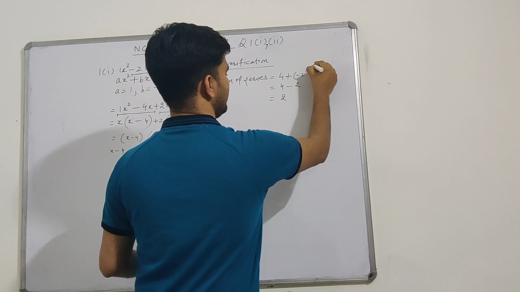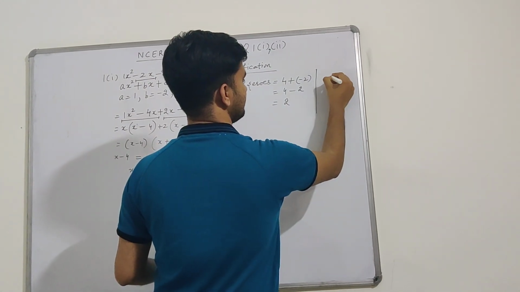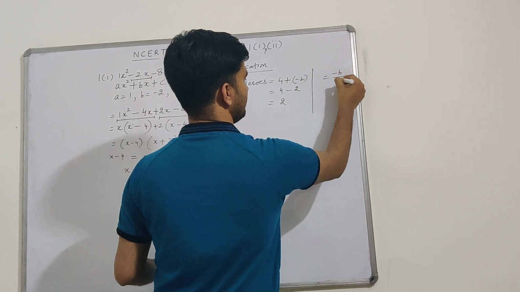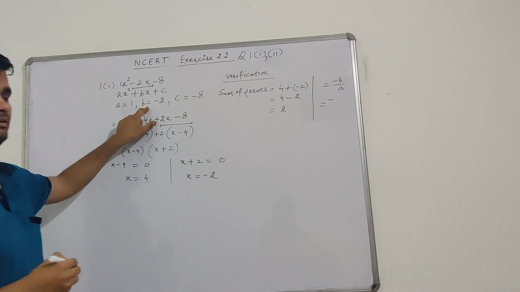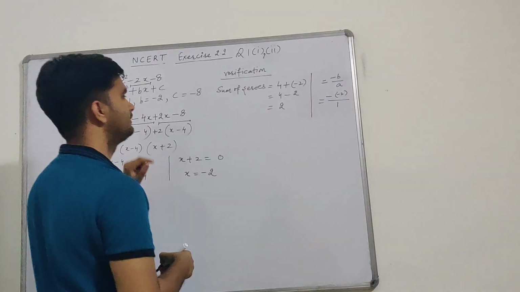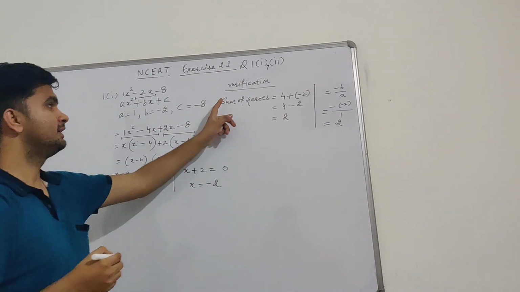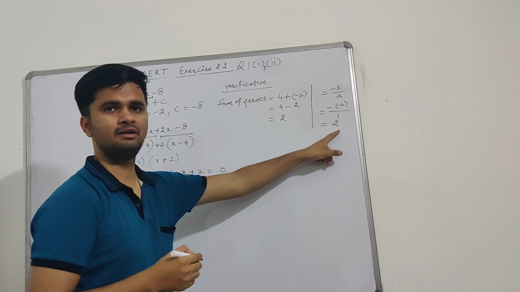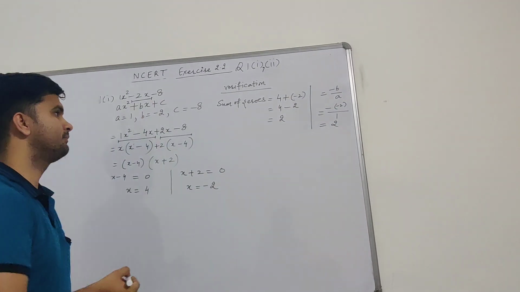And one more way to find the sum of zeros of this polynomial is minus b over a. So b here is minus 2, a is 1, so it is equal to 2. Now see, sum of zeros is verified. From both sides, sum of zeros is equal to 2.